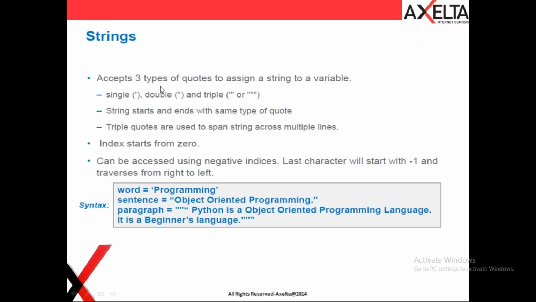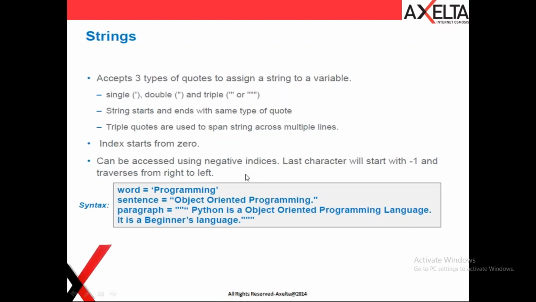Like arrays in C and Java, whatever information we are storing in the array, all the elements in the array will have addresses, and the address starts from 0, and we'll be accessing those elements using their addresses only. So here also the same thing. The index starts from 0. Understood?